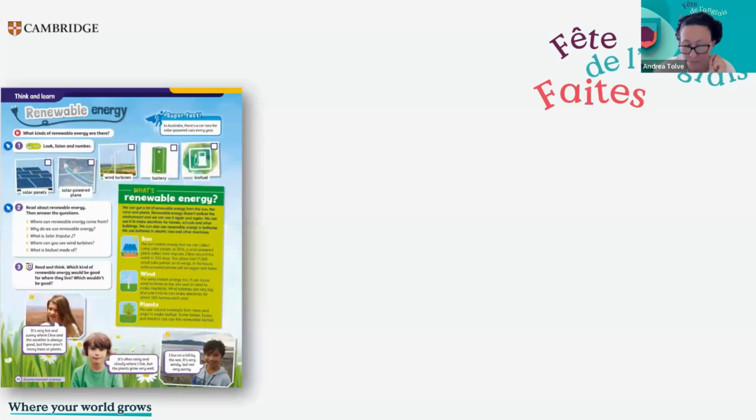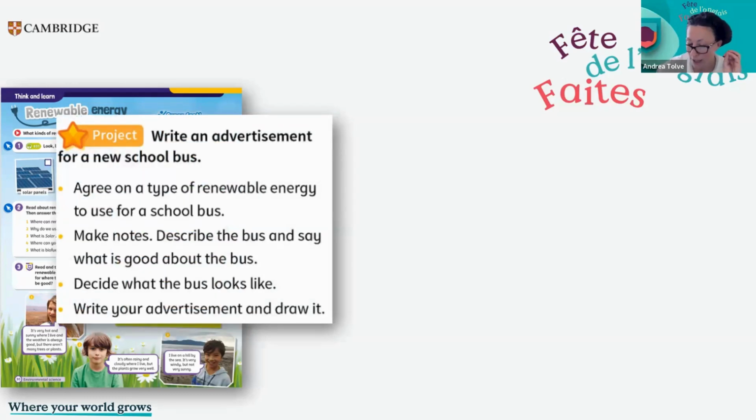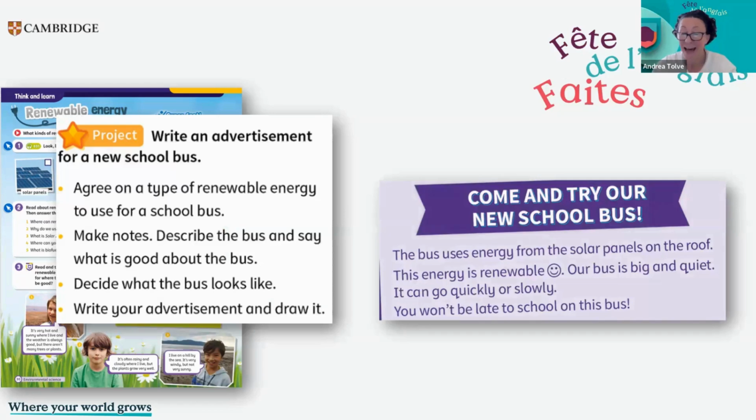So here, this is a lesson from primary. Students are learning about renewable energy. And in this task, they have to write a short advert. So what would a WAGOLL look like? Well, here we have on the page what a good one looks like, as an example.